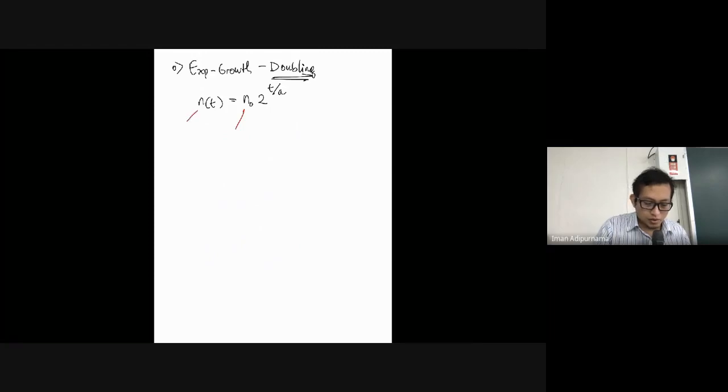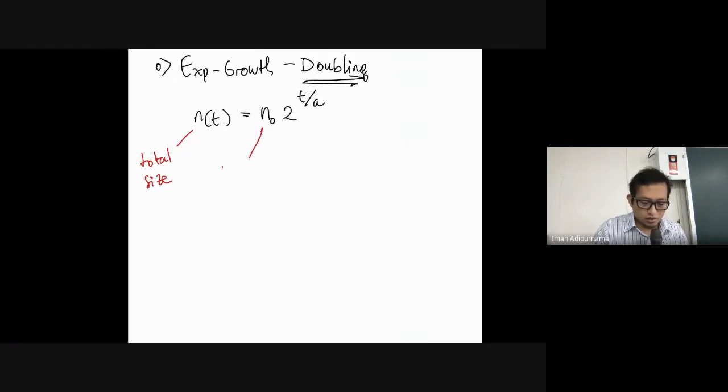This is the size, total size. This is initial size. T is for time. A is for doubling time.